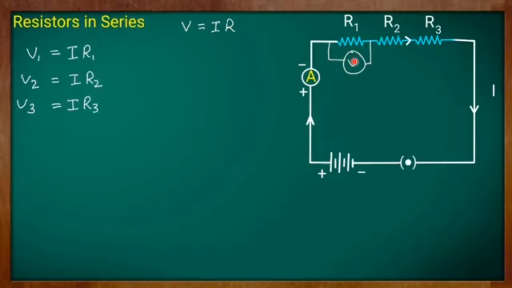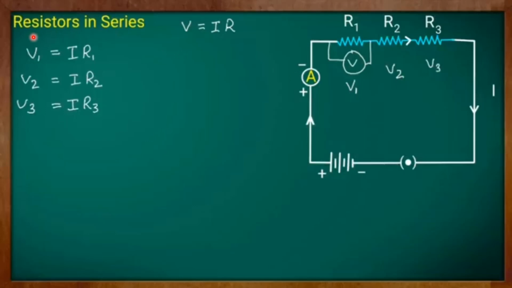The voltmeter is connected across the resistor R1, in parallel. Whatever reading it shows is V1. Similarly, if I connect the voltmeter across R2, the reading will be the voltage V2. If I connect it across R3, I get the voltage V3.